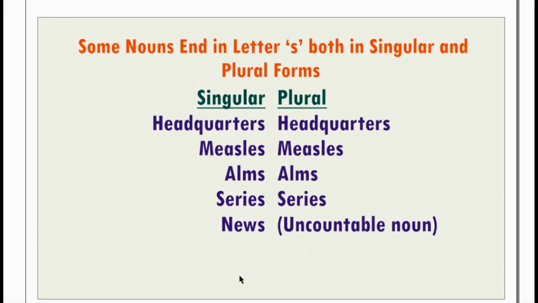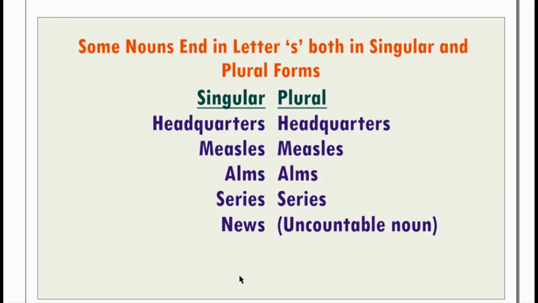Some nouns end in letter s, both in singular and plural form. These ones too, there is no difference between the singular and the plural form. In fact, the singular is a bit confusing because it ends in letter s. The first one is headquarters. It may be singular, one headquarters, plural, two headquarters. Both of them end in letter s. The second one is measles, a disease.